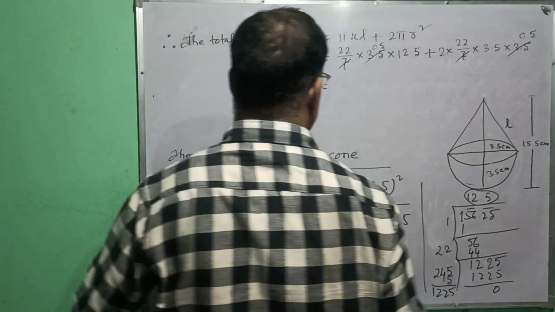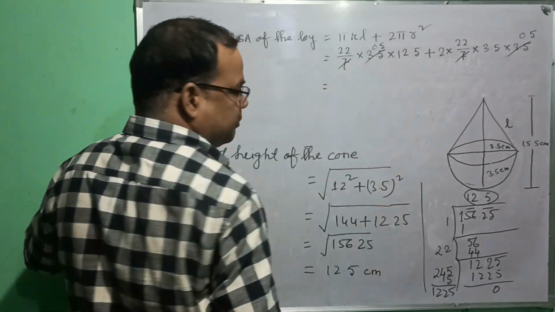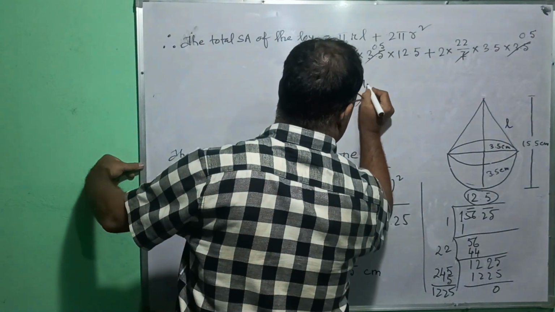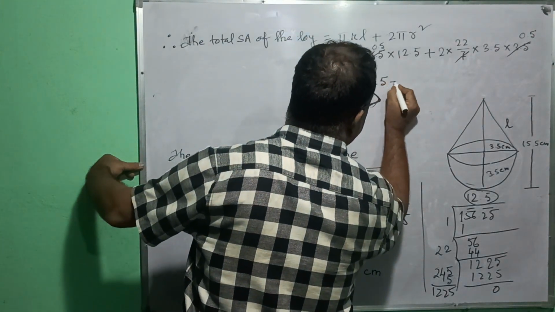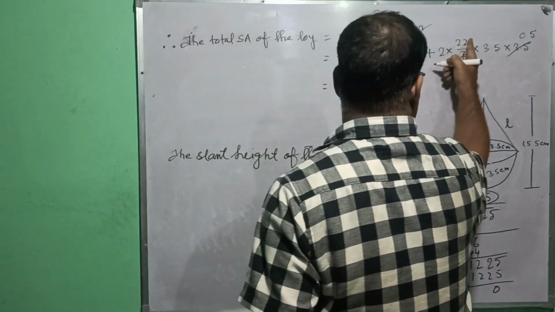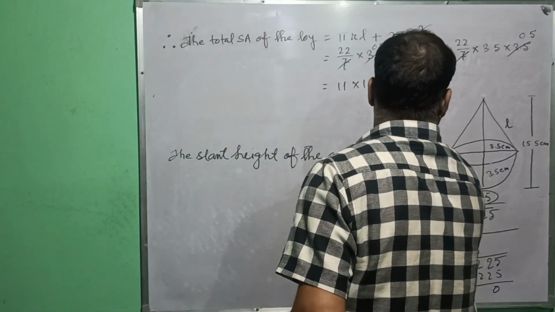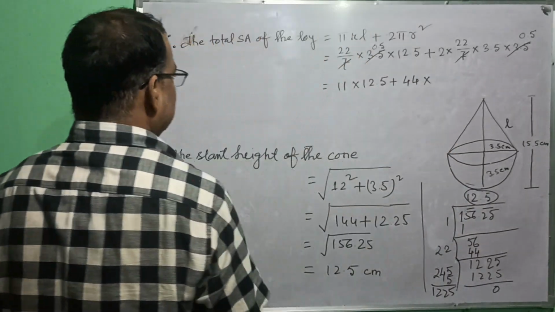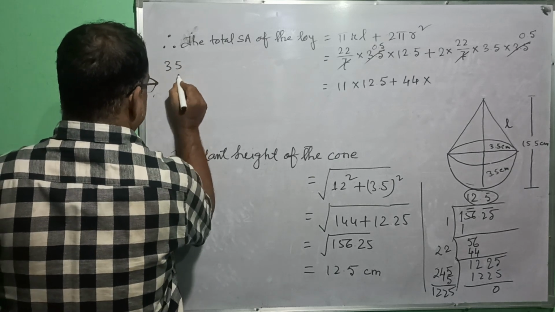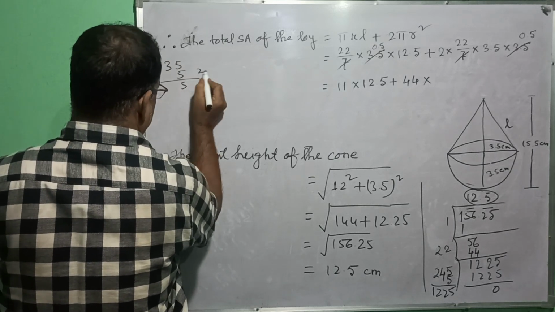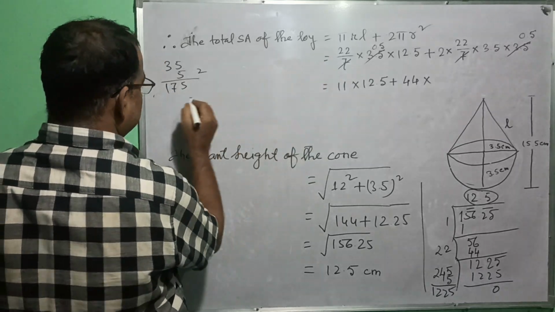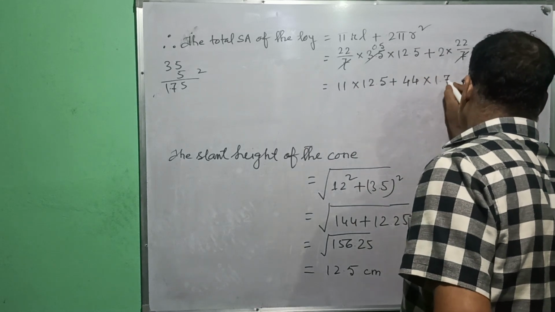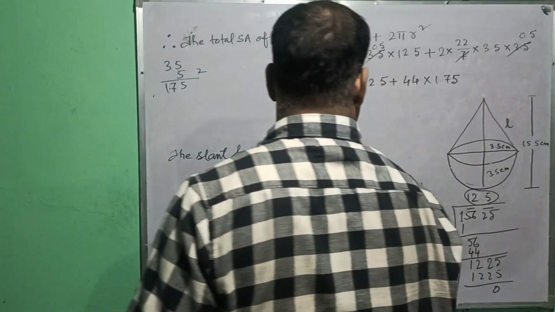Now if we multiply 22 with 0.5, we'll get 11 into 12.5, plus here 2 into 22 equal to 44, into 3.5 into 0.5 equal to 1.75, since 35 with 2 decimals. Directly also we can do it on the rough side.